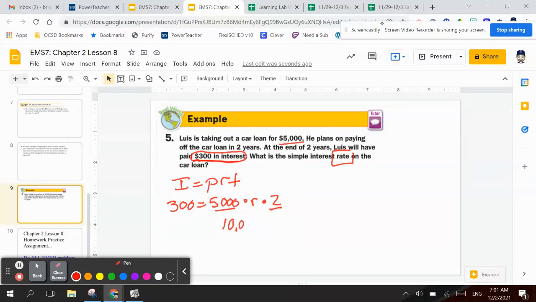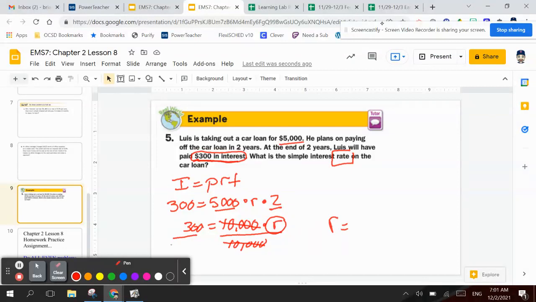That gives me 10,000 times R equals 300. To solve for R, I want to divide each side by 10,000. This gives me R by itself. The 10,000s cancel out. I'm left with R.